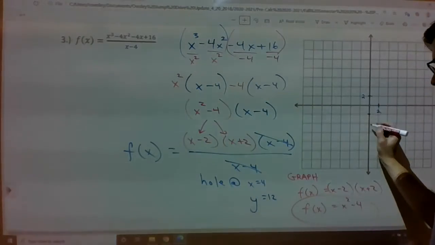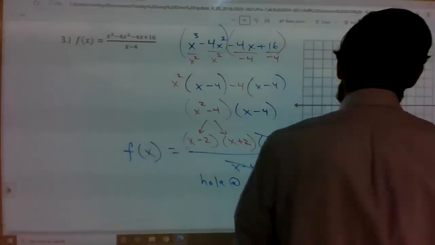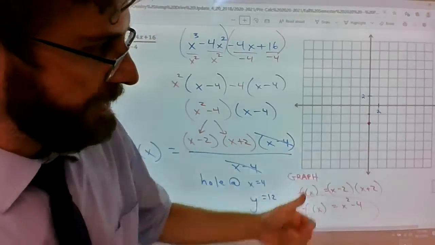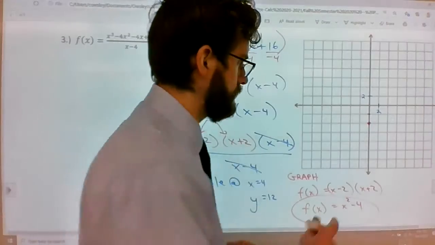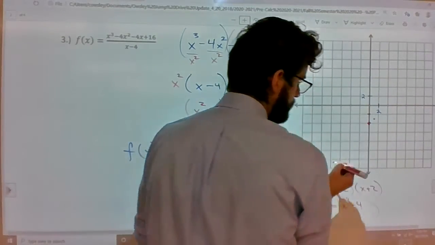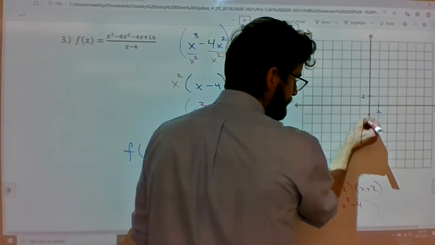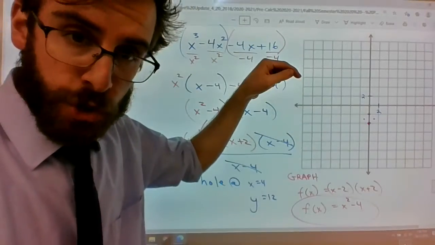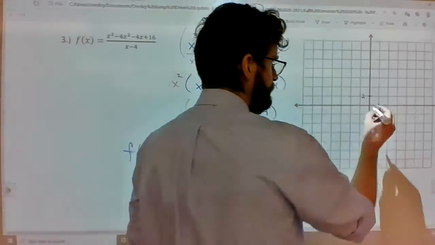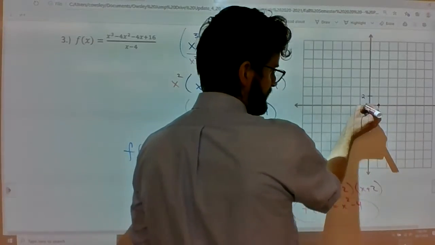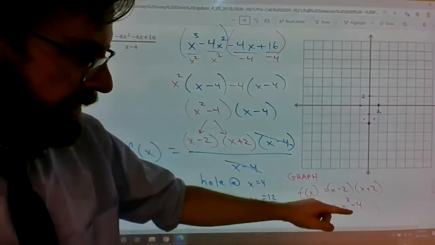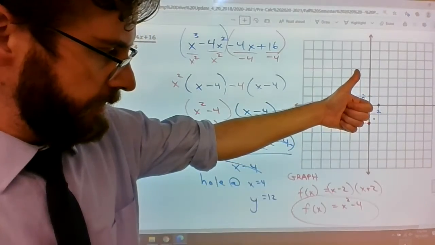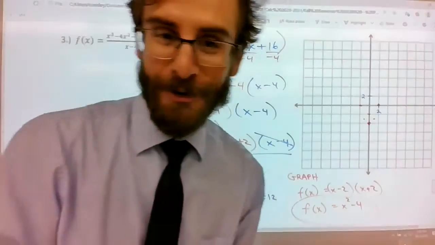So 2, 4, and then it would be over 1, up 1. So it's like over half a block, up half a block. Same thing to the left. Then over 2, a full block, up 2 squared, 4. And then it's the same thing on this side. Over 3, it's going to be up 3 squared. Sorry about that.